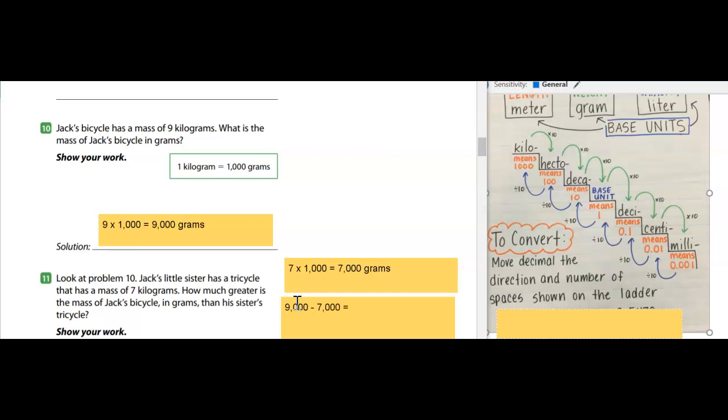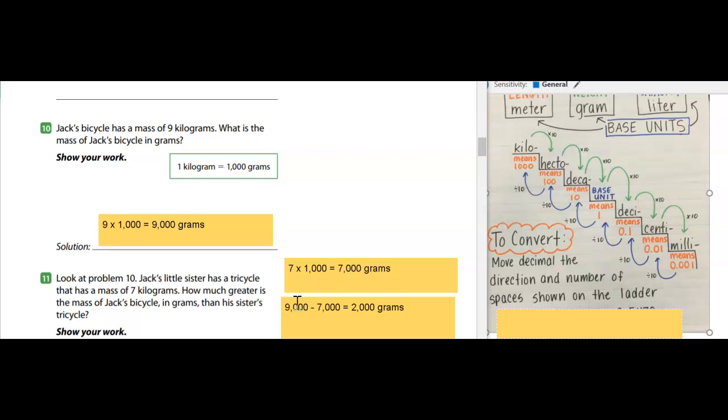And 9 minus 7, boys and girls, is what? 2. So 9 minus 7 is 2. And how many zeros do we have at the end? We have 3 zeros. 1, 2, 3 zeros. So that means that Jack's bicycle is 2,000 grams more than his sister's tricycle.